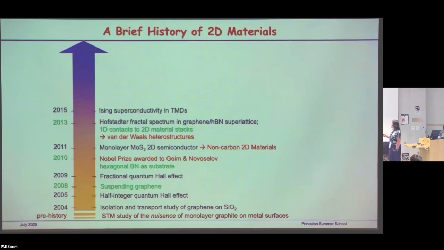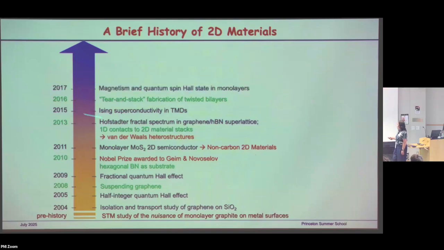In 2015, superconductivity was found in monolayer or few-layer transition metal dichalcogenides by doping them to very high density using ionic liquid. In 2016, the tear-and-stack fabrication of twisted bilayer graphene was reported. This is from Xiaoqin Li's group at UT Austin. In 2017, magnetism and the quantum spin Hall state were found in monolayers. So monolayer magnets were found in chromium iodide and also Fe3GeTe2, FGT.